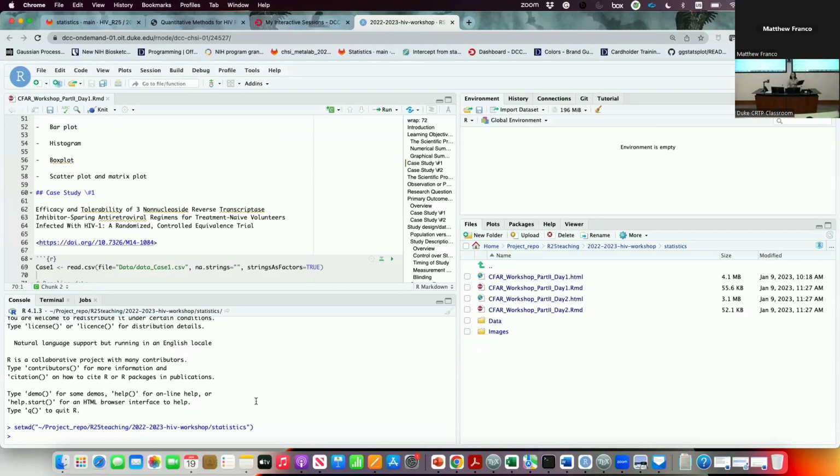Yeah. Okay, so Richard will tell you how to get this data folder. Hopefully this works.